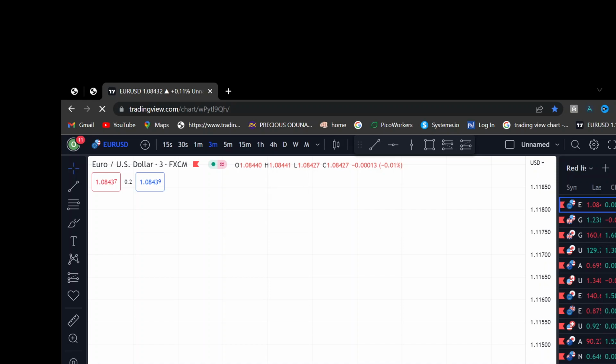So we are getting 0.0005. That is the difference from this 1.11600 to 1.11650, so we need to understand that.